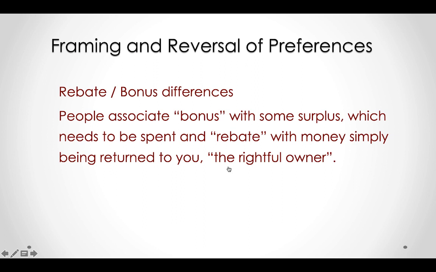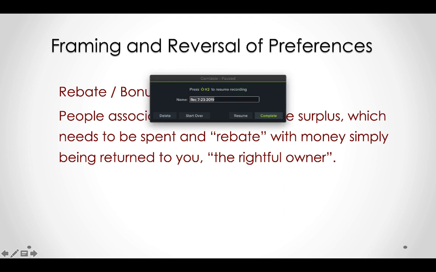Maybe pay some debt, maybe fix the house, maybe go spend it. The idea is that if we don't have an account to put it back into, we'll try to find one for it, and usually it is frivolous spending. So that's the idea of rebate versus bonus. It makes a whole lot of difference how you phrase and frame your wording, your situation, and you will get different responses.